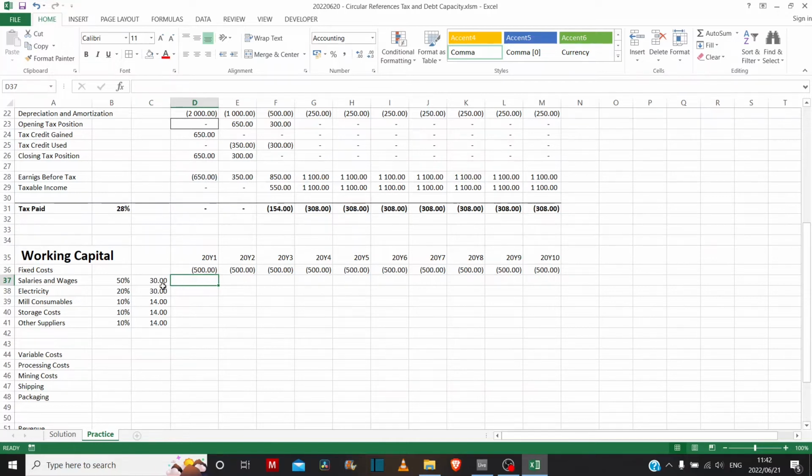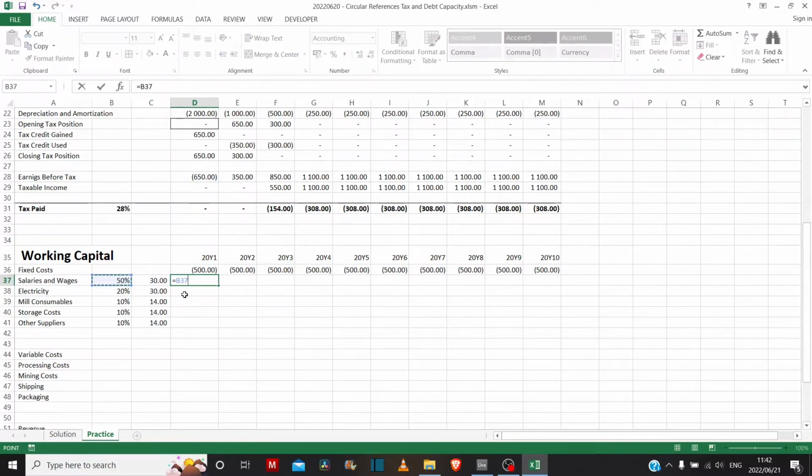On average, this business would sit with 30 days worth of salary costs inside the business. This is technically a good thing because the business does not have to pay those salaries out immediately. It can still use that money within the business for other purposes. So let's just calculate what that would work out to.